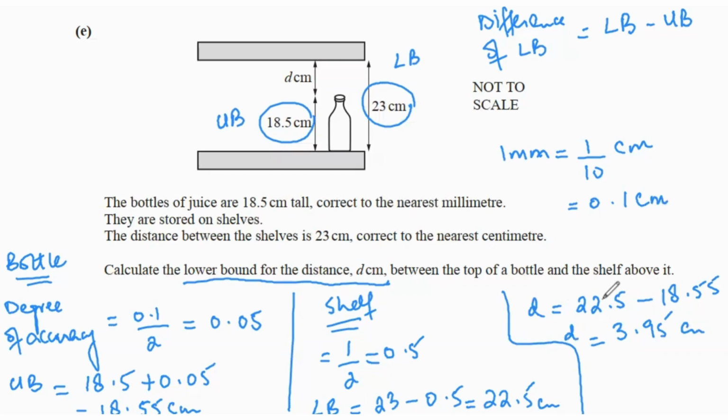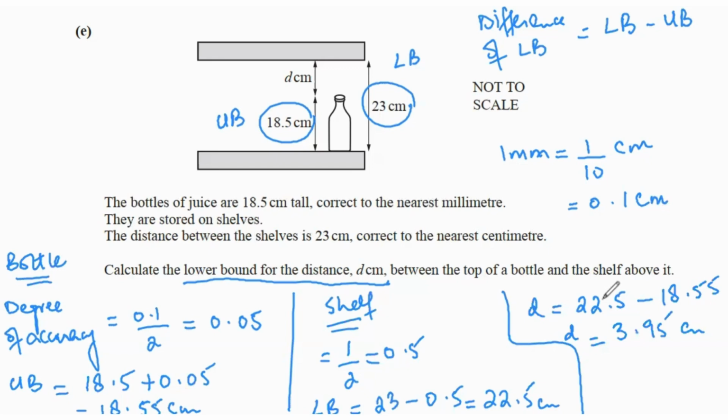Once again, when we're talking about difference in upper bound and lower bound, if we want to find the upper bound in difference, then we subtract the lower bound from the upper bound because then we get the biggest value, subtracting the minimum value from the maximum value. If we're talking about the lower bound in differences, we subtract the maximum value, which is the upper bound, from the minimum value, which is the lower bound.